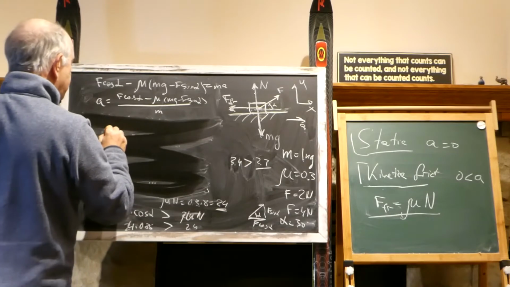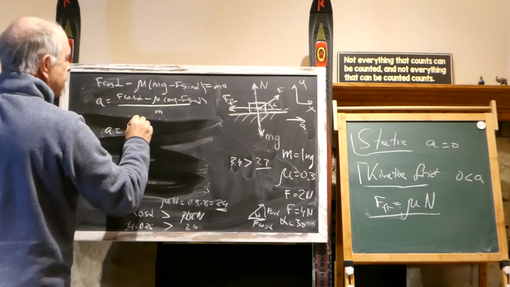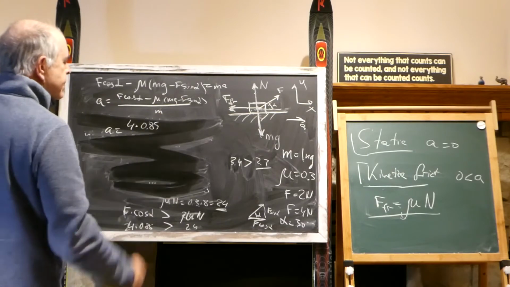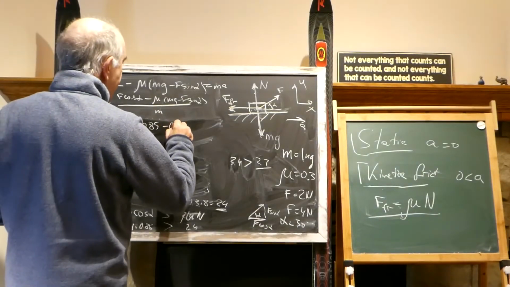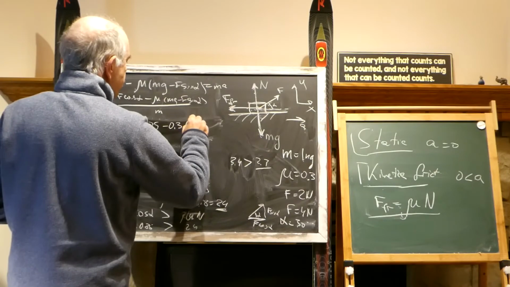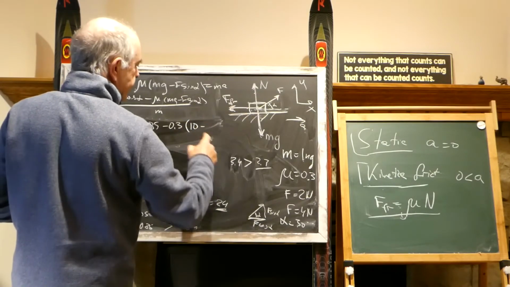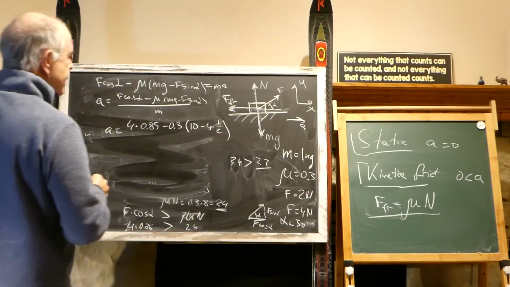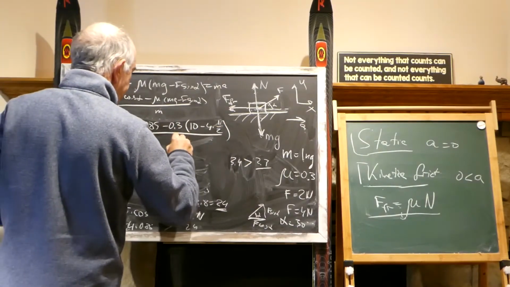So I can put here A, and I repeat, F cosine 60 degrees is 0.85, minus 0.3, mg is 10, F is 4, sine alpha is 1.2, divided over 1.